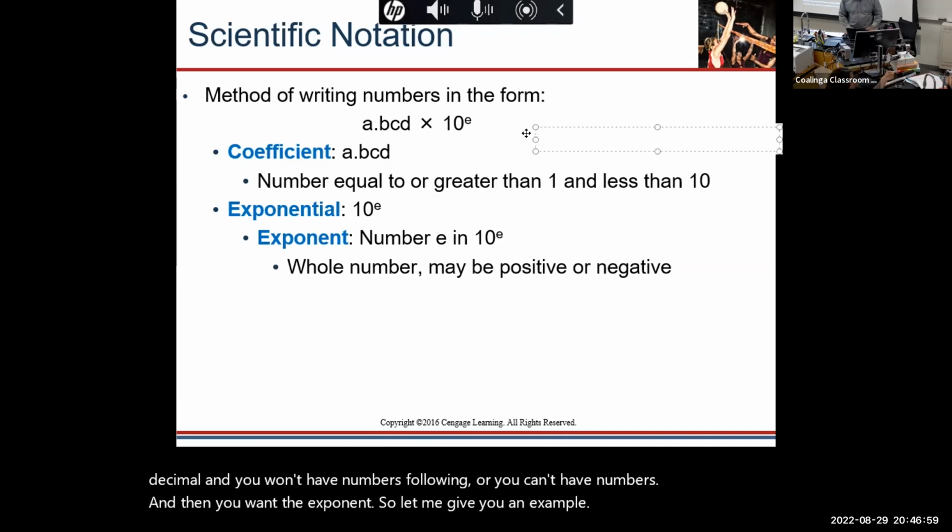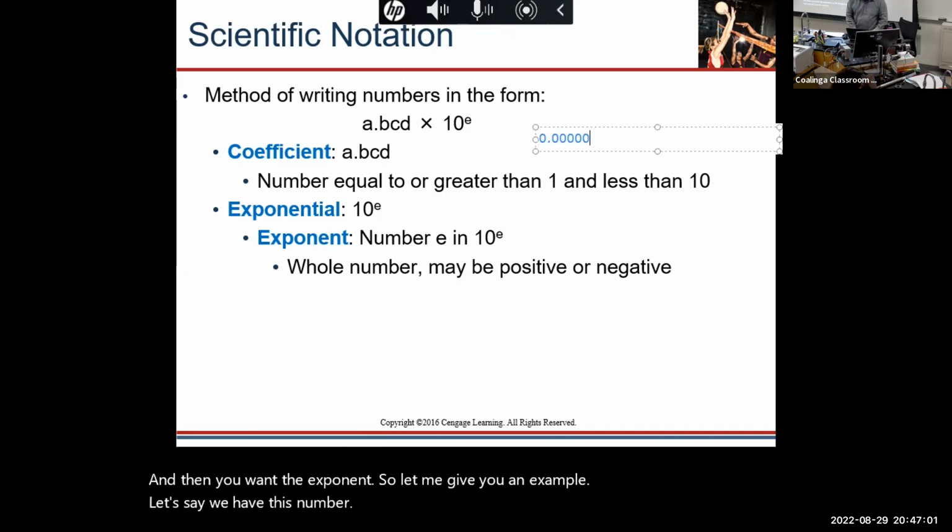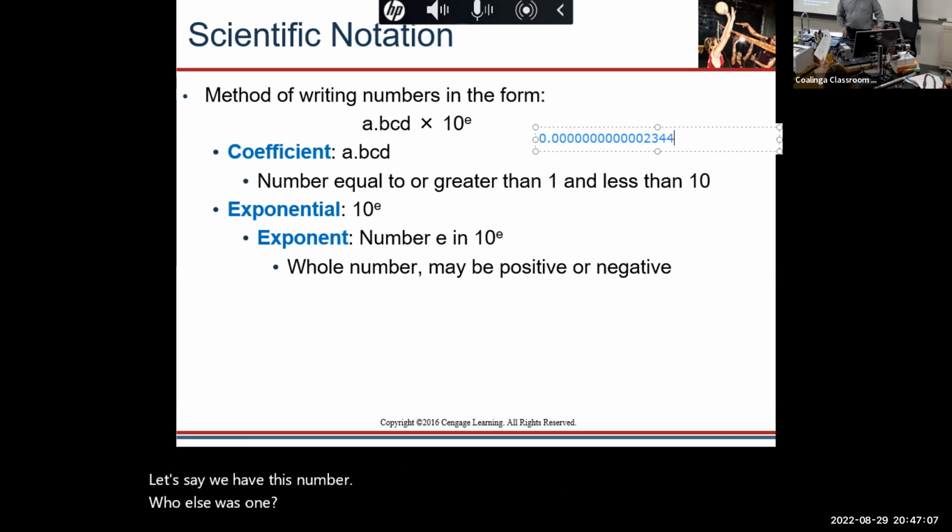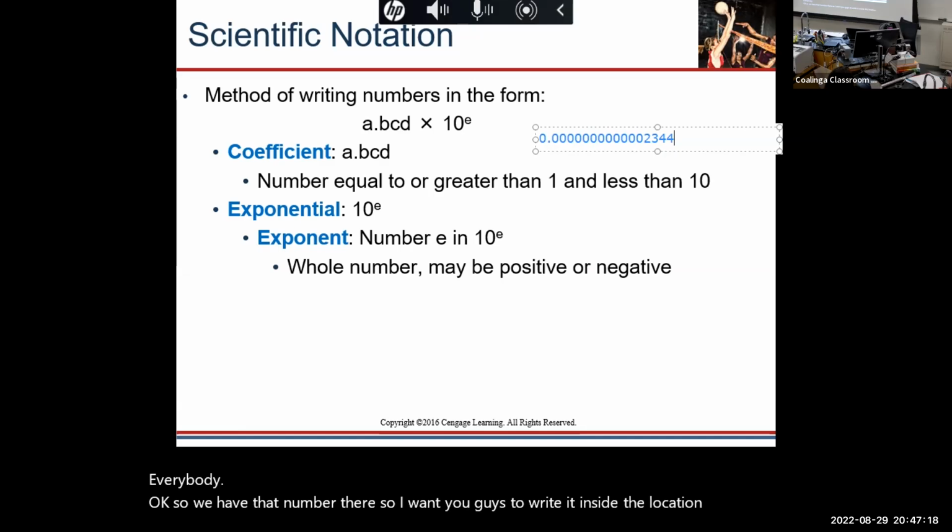Okay, so let me give you an example. Let's say we have this number. Everybody get one? Cool. All right, good. So we have that number there. I want you guys to write it in scientific notation. How many zeros are right there?